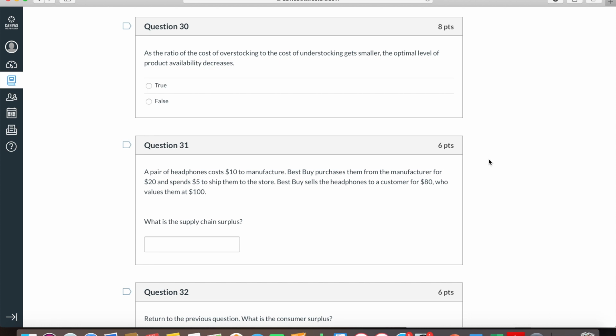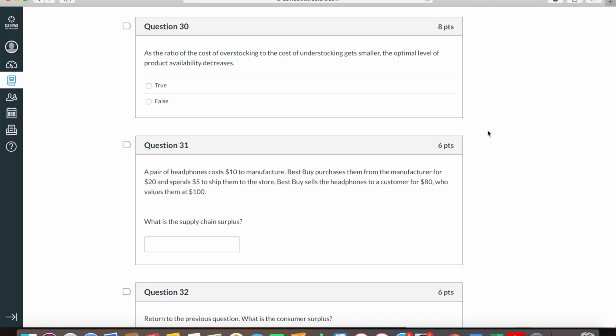As the ratio of the cost of overstocking to the cost of understocking gets smaller, the optimal level of product availability decreases. No, that doesn't make sense, because if you understock less and overstock less, then you should be more accurate.